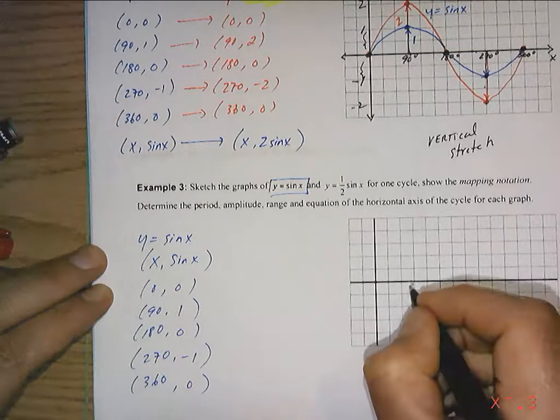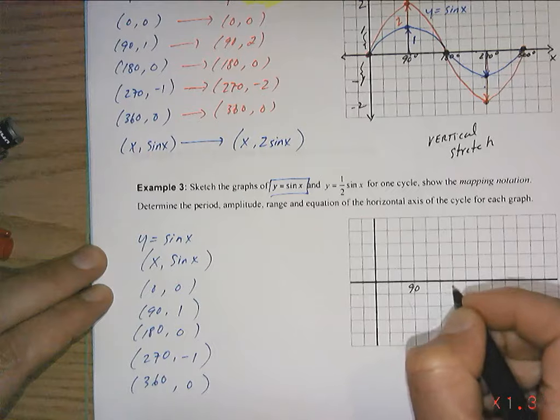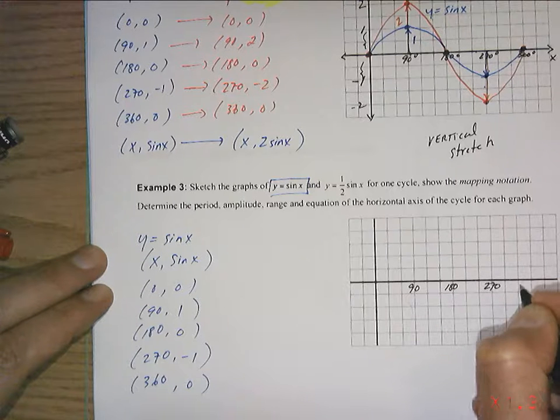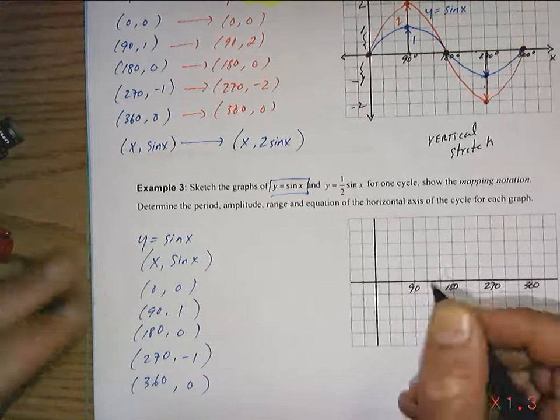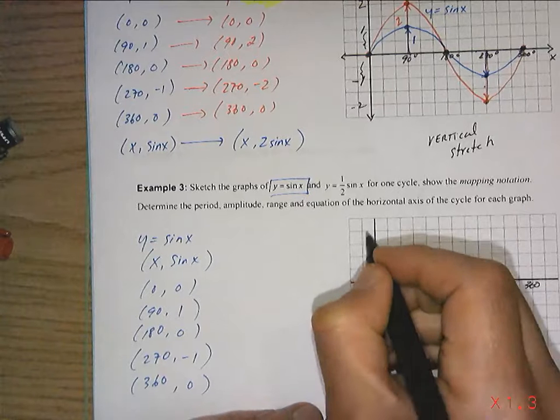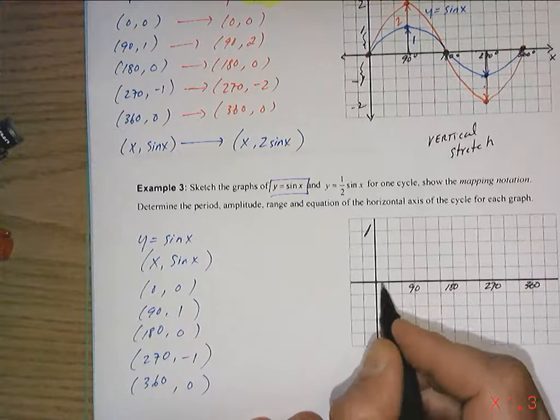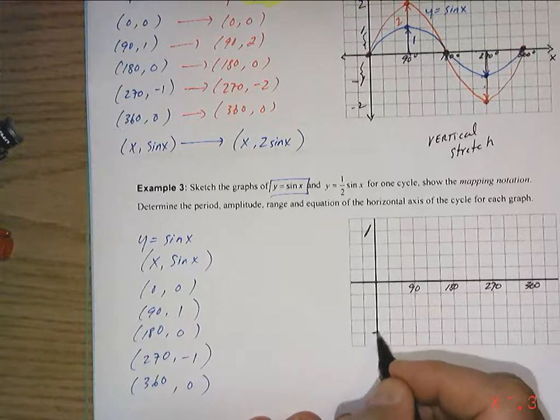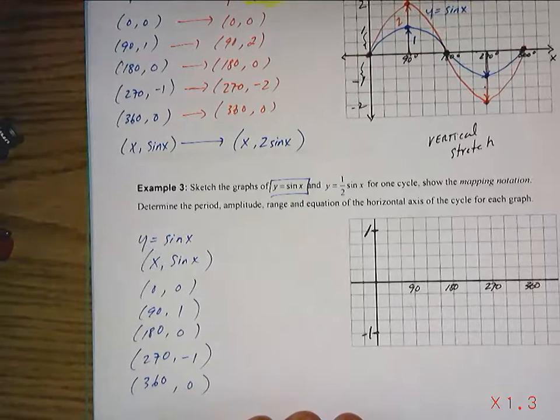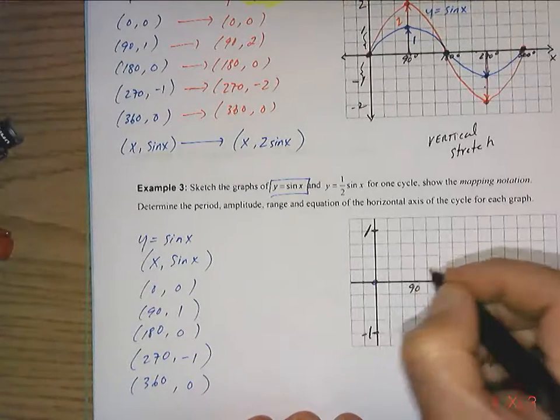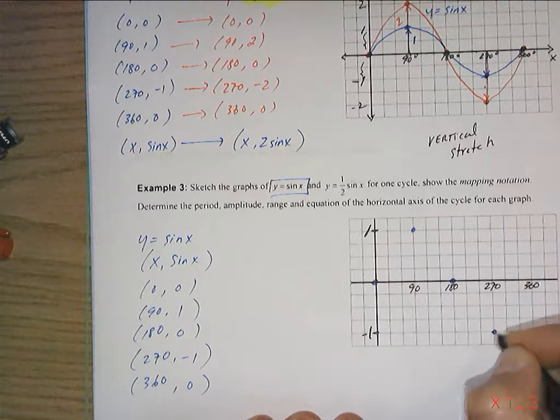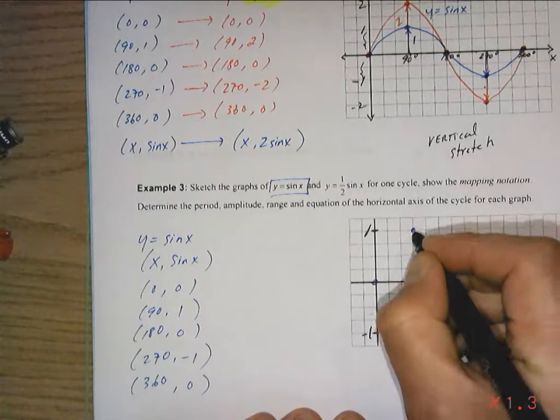And I'm going to go up to 1. I'm going to let this be 1 this time, and you'll see why in a minute. I'll let this be -1. So sine x is going to look like this. Here, here, here, here, and here.